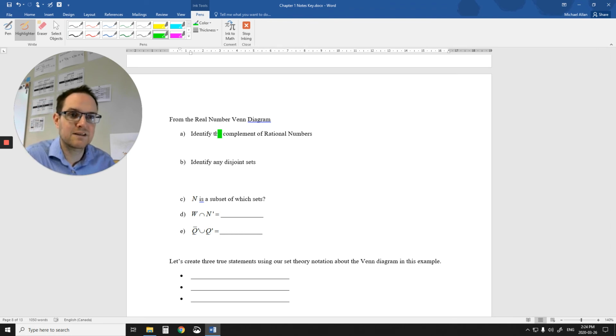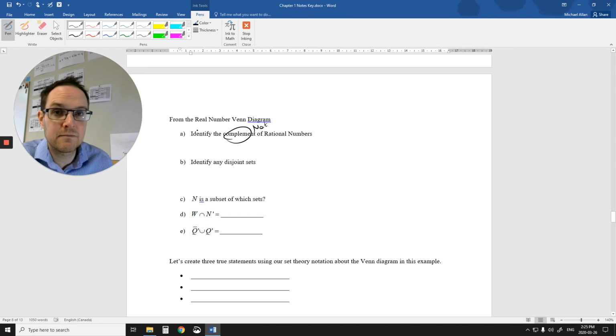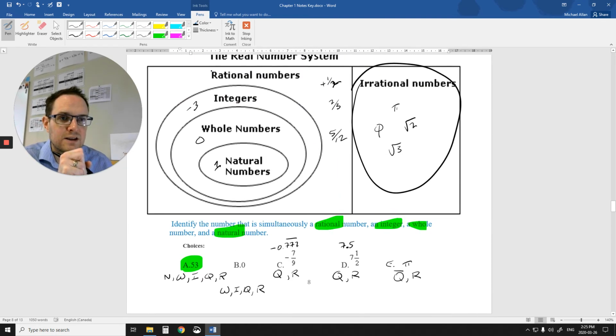Identify the complements of real numbers. Remember what the complement stands for? Complement is not. What is not a rational number? So what is not a rational number is everything that's outside the rational number circle. Remember what we did before? You could treat this box to be a circle and this box over here to be a circle. These two boxes don't touch each other.